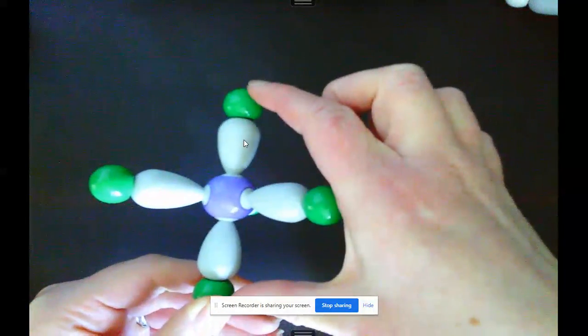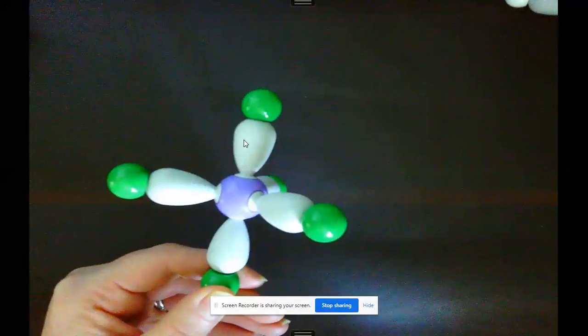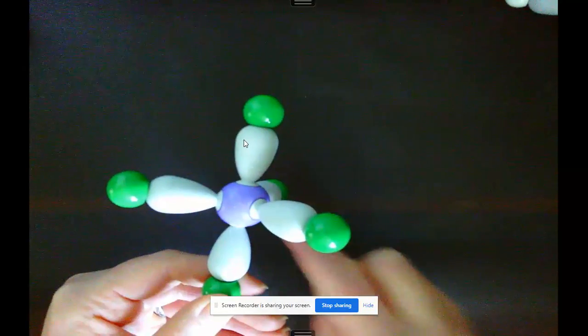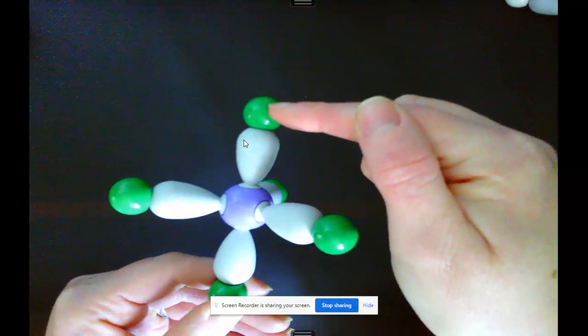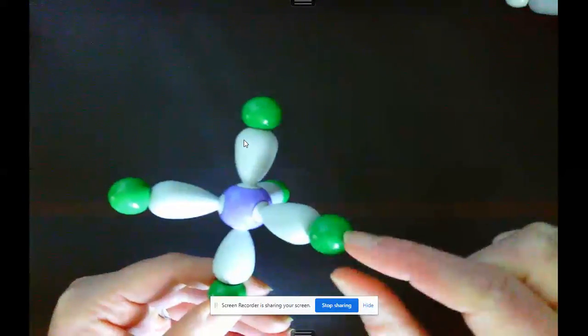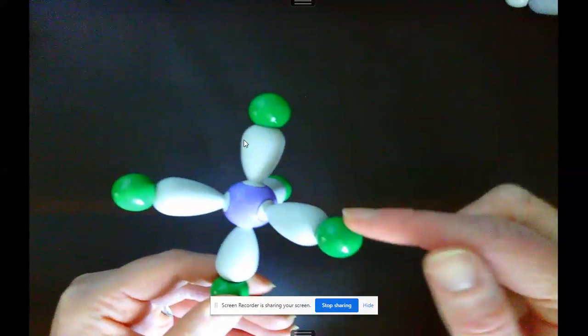If I turn it on its side so we can see, these were the 2 that were vertical in the last one. Here around the center is our trigonal planar arrangement of atoms. The angle between the vertical atoms and this trigonal arrangement around the center is 90 degrees.